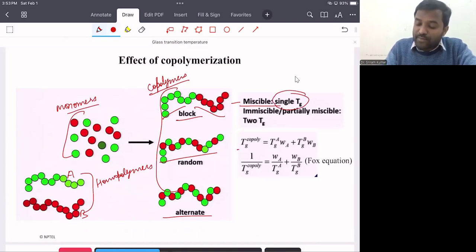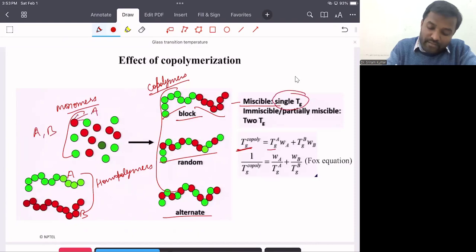This single glass transition temperature is based on the glass transition temperature of monomer A. So here we have monomer A and monomer B. Suppose the red one is A and the green one is B. So here is the glass transition temperature of A, and here WA is the weight fraction of A.